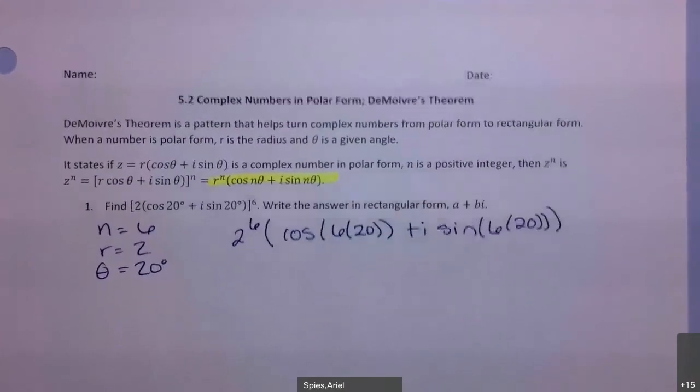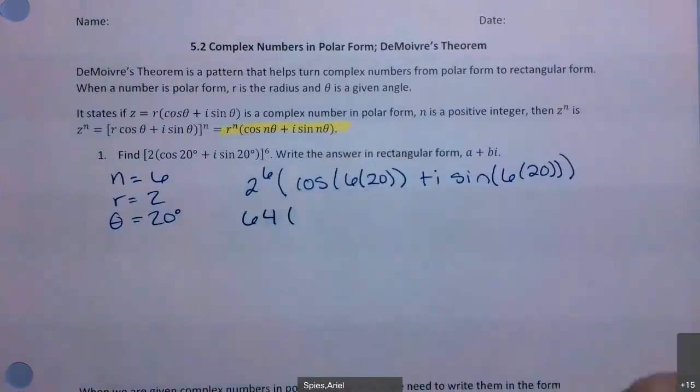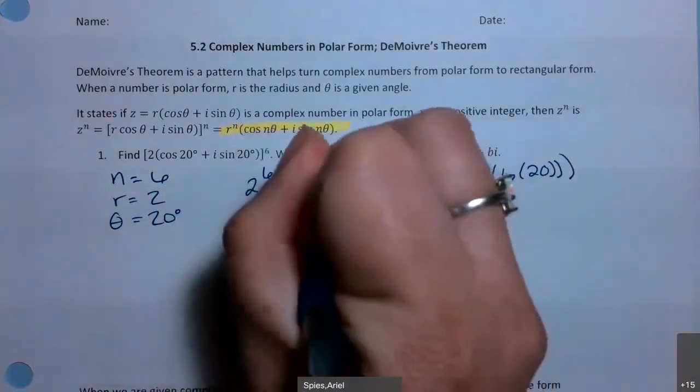So I want to figure out what 2 to the 6th power is. This is 64. And then I'm going to multiply 6 by 20 to get 120.